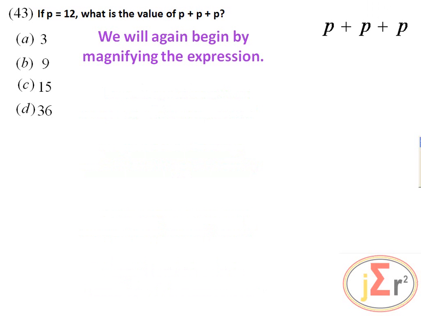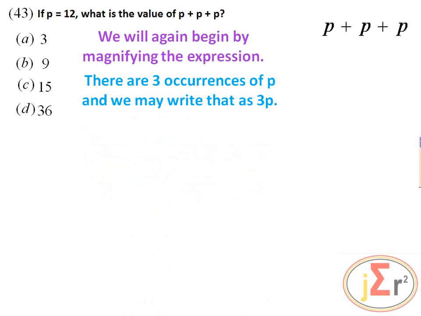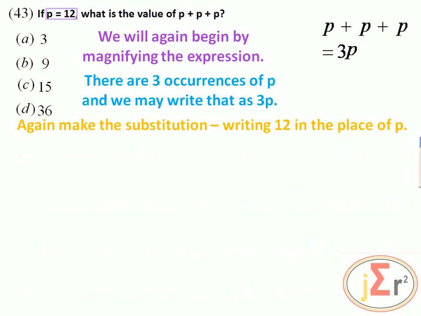There it is. There are three occurrences of p, and we may write that as 3p. P is equal to 12. Again, make the substitution, writing 12 in the place of p.